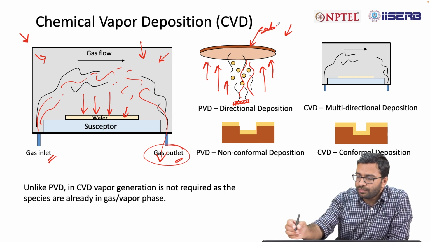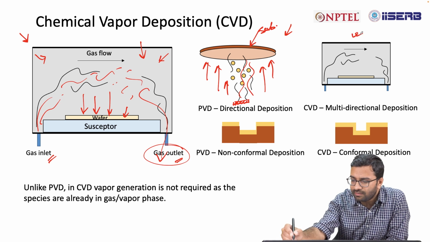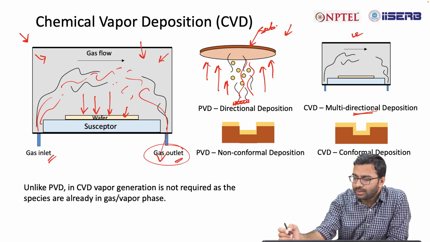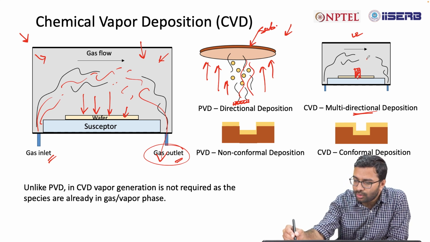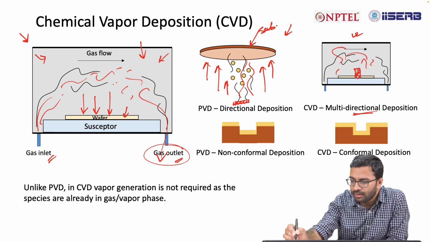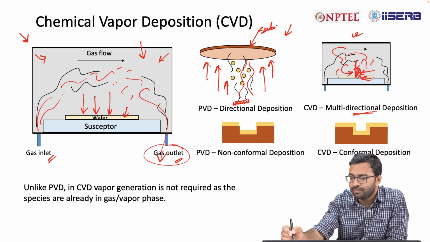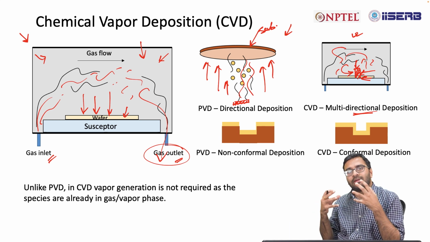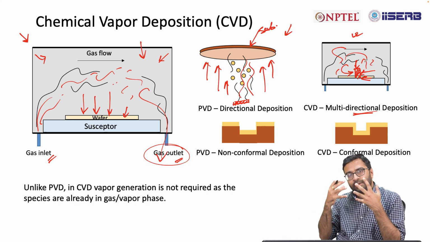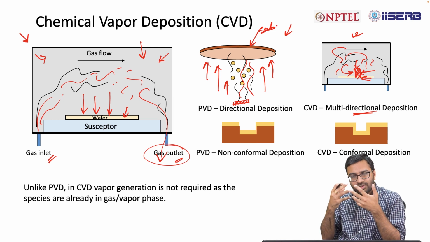However, in case of CVD, you will find it's a multi-directional deposition. What do we mean by multi-directional deposition? For example, if you have a wafer or a substrate kept like this, because the reaction happens everywhere, the material will get deposited in all directions, since it depends on the reaction and the reacting materials are gaseous in nature.